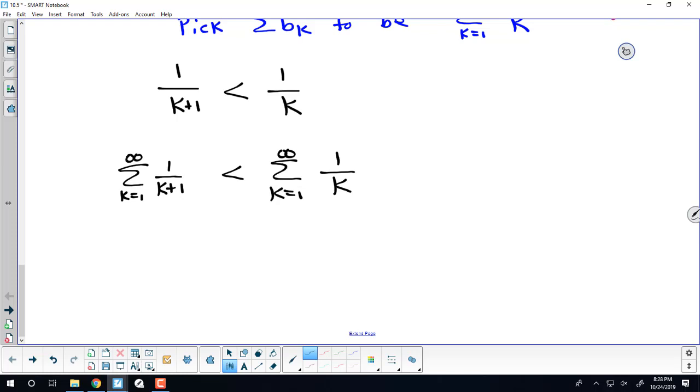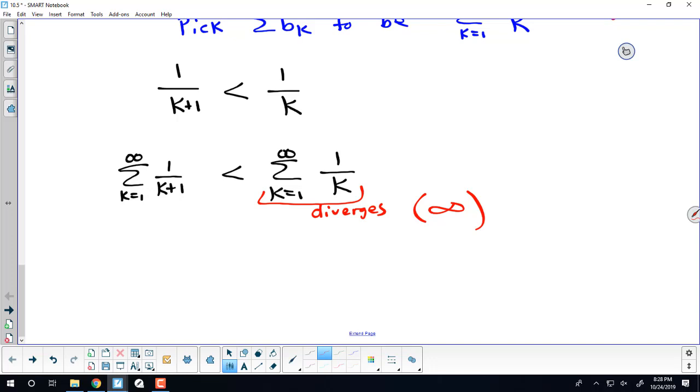But we know that sum diverges. The sum is infinite. So the series that we're comparing to, 1 over k, or 1 over k plus 1, is less than the divergent series. So what does that mean?